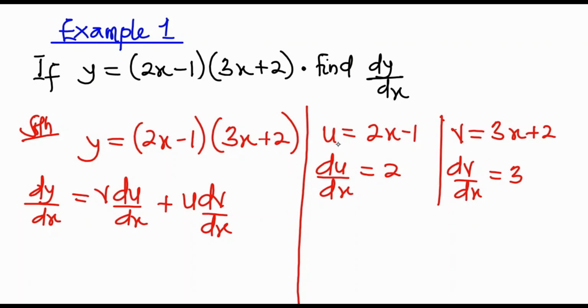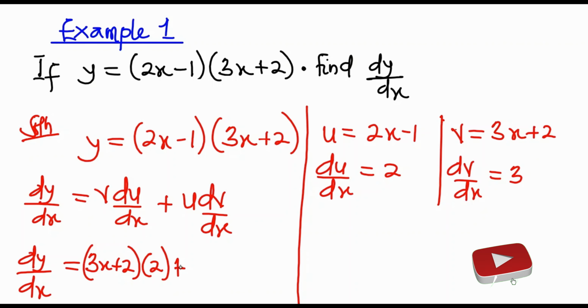Once we have our u and du/dx, v and dv/dx, we come back and substitute into the product rule formula. So we have dy/dx equal to, now we said that v is equal to 3x plus 2, so we repeat that as such. You have 3x plus 2 multiplied by du/dx, and du/dx we said is 2, so you multiply by 2.